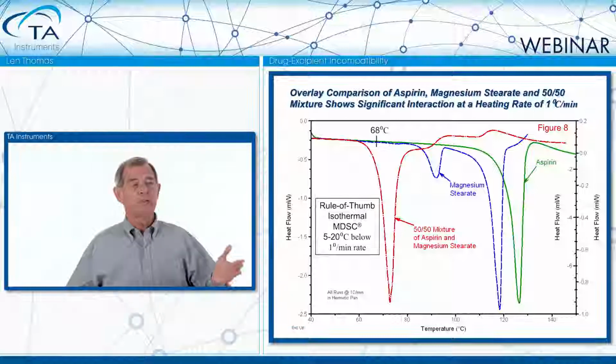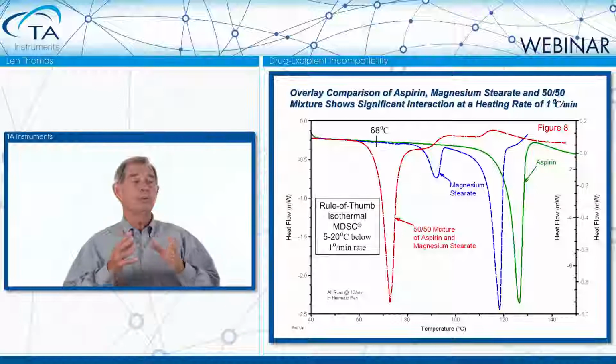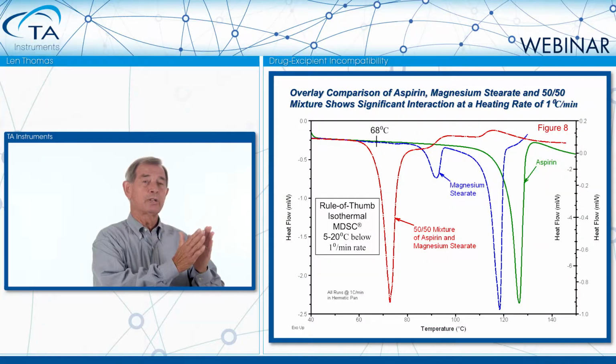But look what happens. We end up with the data that's shown in red. So simply by making a mixture of the blue sample and the green sample, the mag stearate and the aspirin, what happens is we end up with a peak at lower temperature. And that peak is apparent melting.